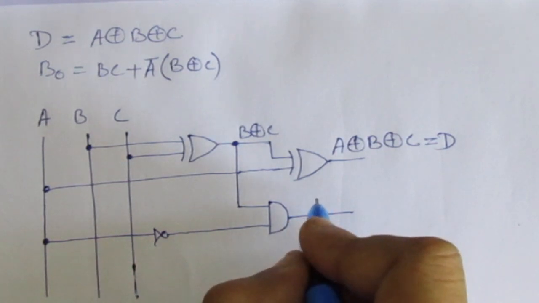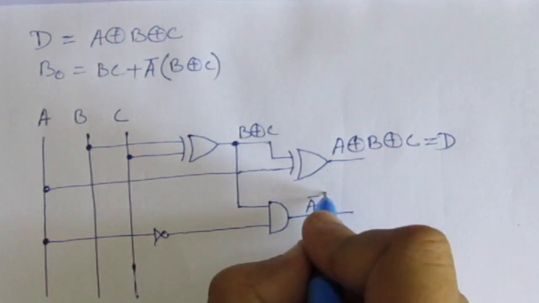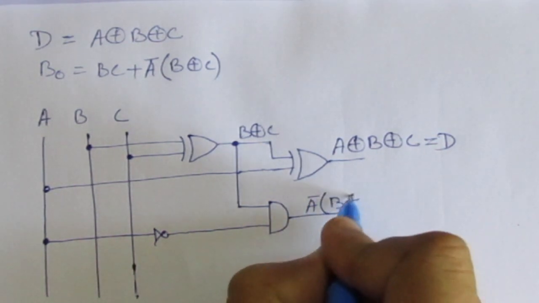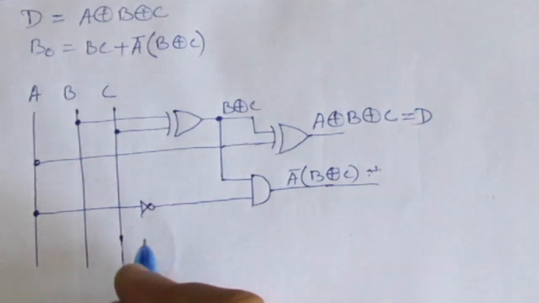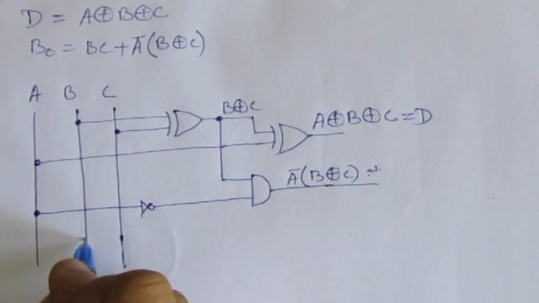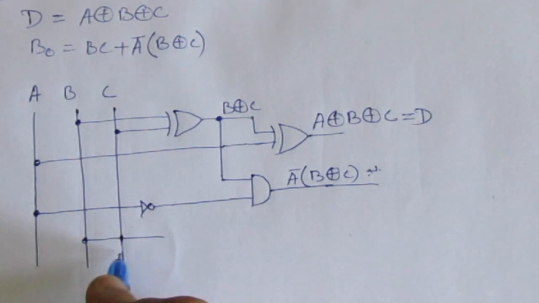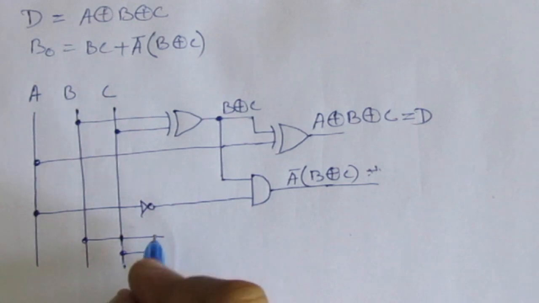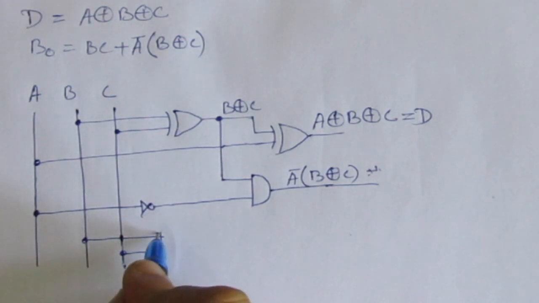So A bar AND B XOR C, and another term we have is BC, which is an AND operation.